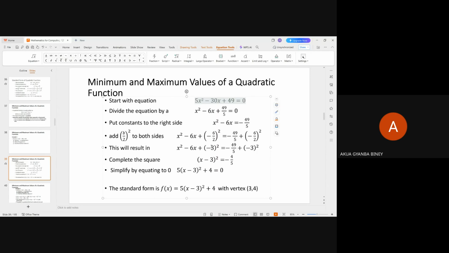So in completing the square, put the square together: x minus 3 all squared. Then I simplify this, and you end up getting minus 4 over 5. And what do I do next?